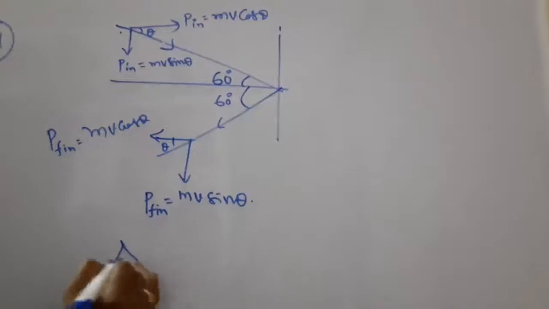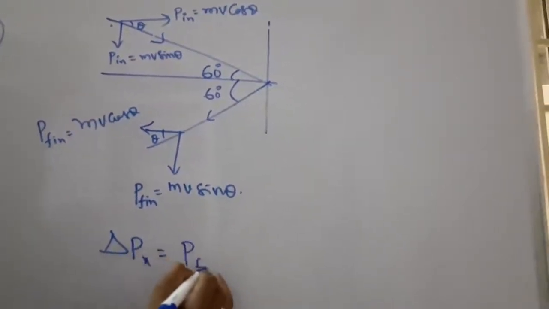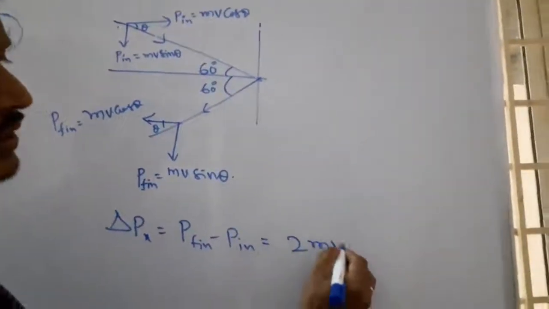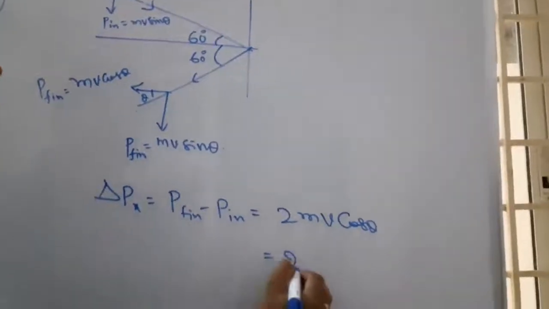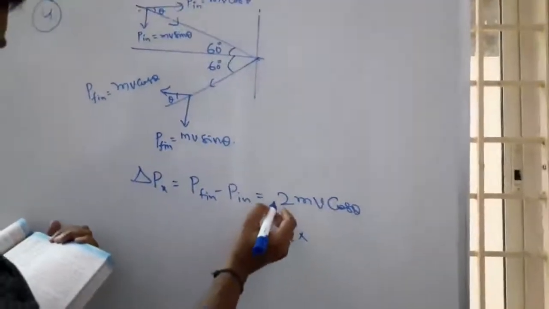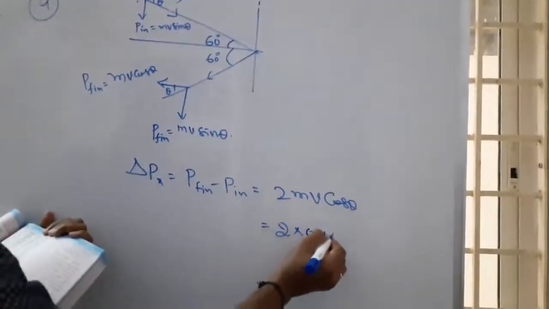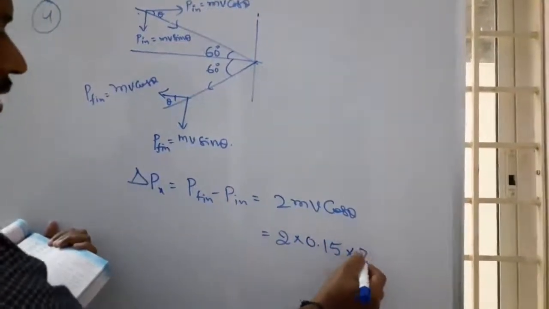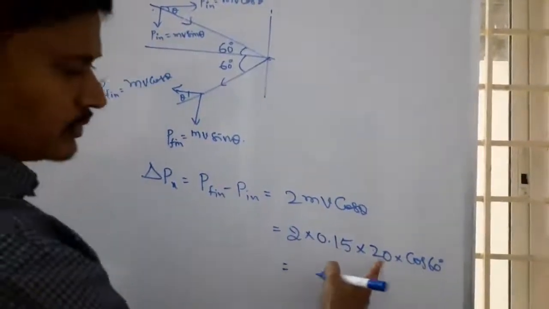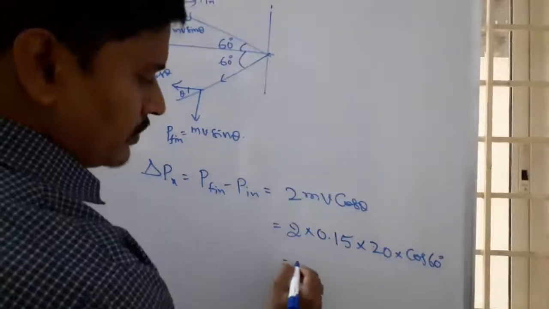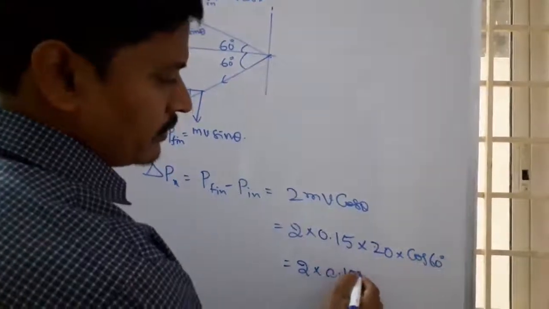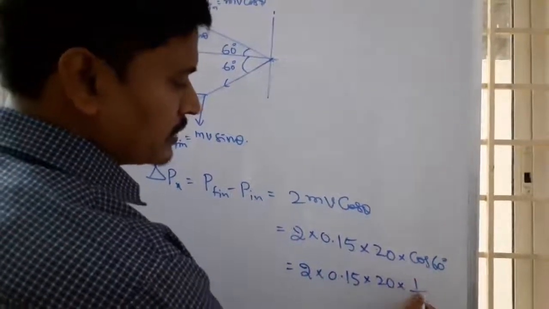What is the change in momentum in the horizontal direction? Final momentum minus initial momentum, therefore 2mv cos theta. Therefore 2 into m, the mass of the ball, which is given as 0.15, into the velocity of the ball on striking, 20, into cos 60 degrees, which is 1 by 2.